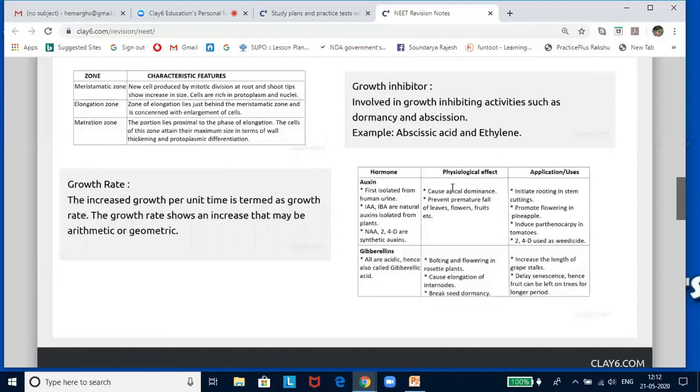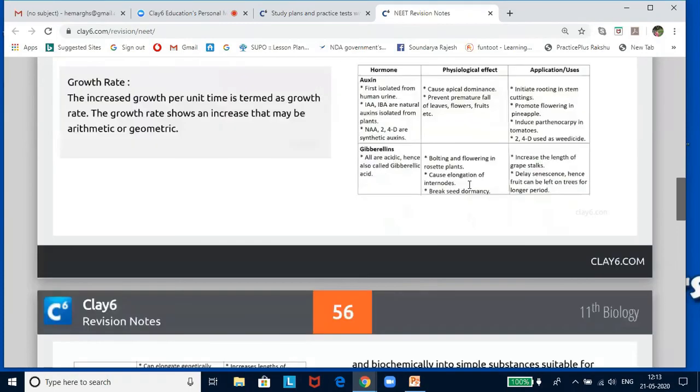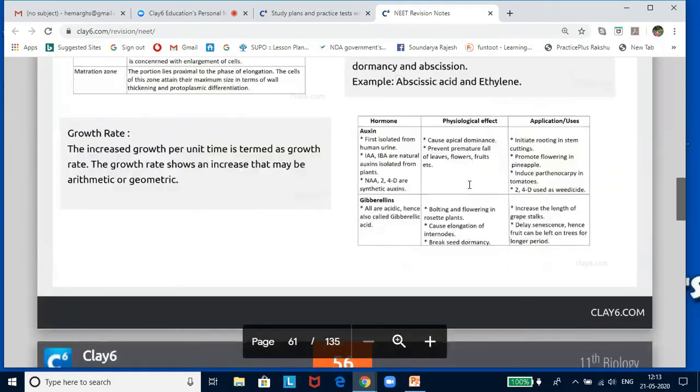Phytohormones are broadly grouped under five major classes, namely auxins, gibberellins, cytokinins, ethylene, and abscisic acid. So we are not studying much about growth regulators because they are of synthetic origin, but phytohormones are the important concept which we have to understand. Now let us look at each and every phytohormone in detail. Now the first one is the auxin.